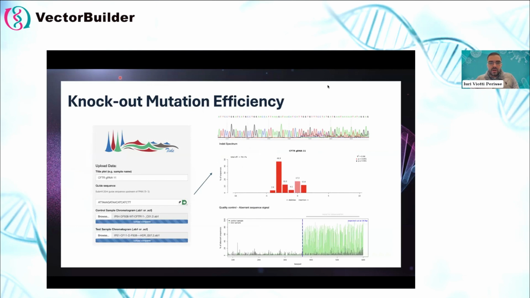So going with the knockout mutation, here I have an example with that gRNA that I showed you for the CFTR gene. In that software, you're going to put in the gRNA that you used, the wild type sequence, and the DNA that you modified from that pool of cells. So here we have the chromatogram of the pool of cells that we used PCR to amplify, and we can see that the peaks are quite perfect up to the point where it's getting close to where the double-strand break happens.